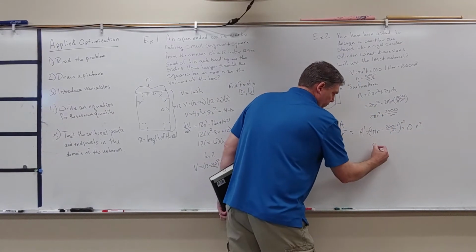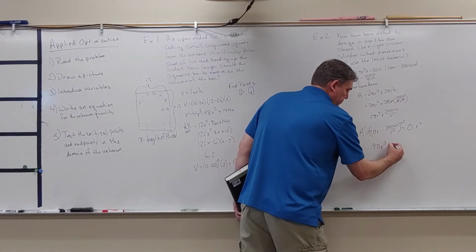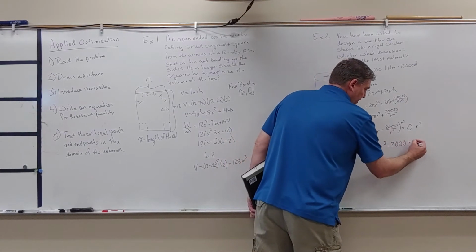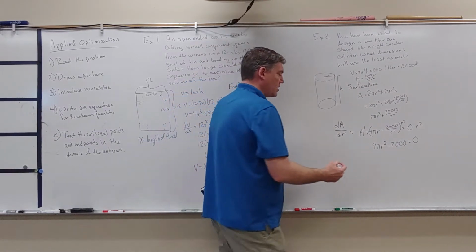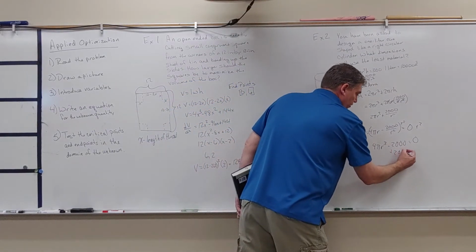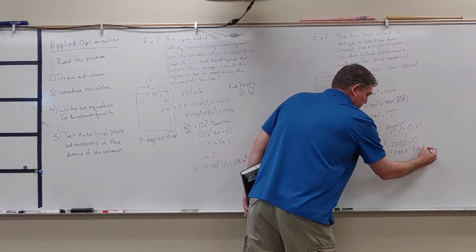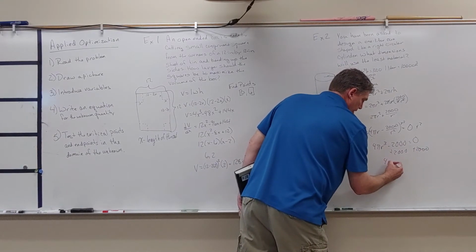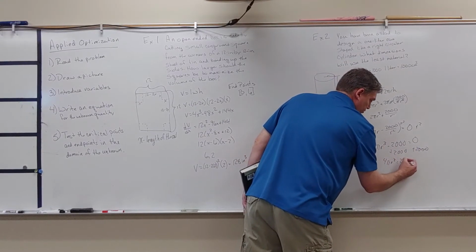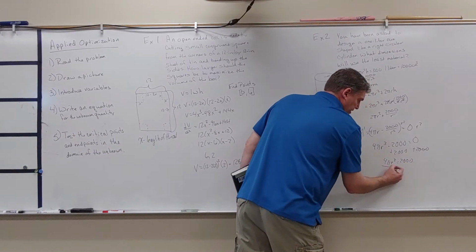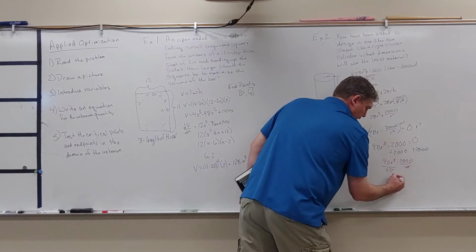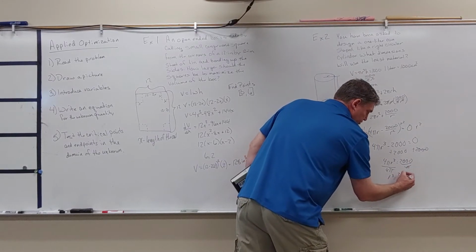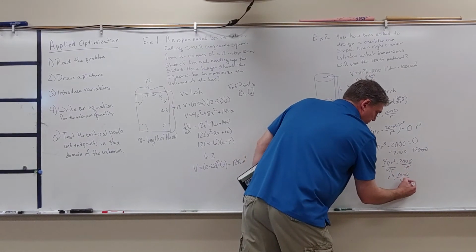This gives me 4 pi r cubed minus 2,000 equals 0. Well, that's nice, now I only have 1 r, so I'm going to add my 2,000 over. I get 4 pi r cubed equals 2,000. Now I'm going to divide by 4 pi. I get r cubed equals 2,000 over 4 pi.